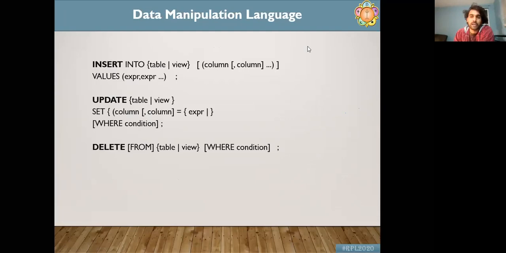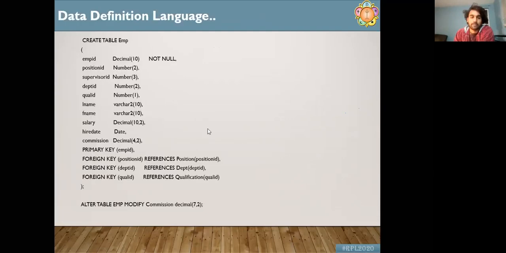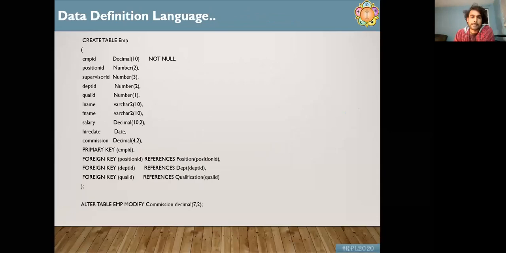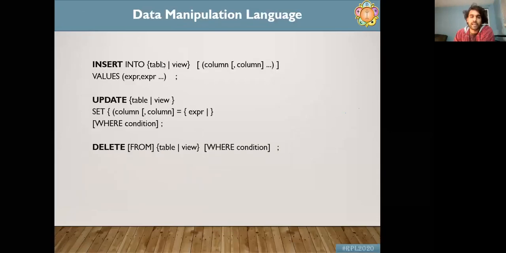And delete is removing the record from the table or the database. So that's about that. A simple way to remember the data manipulation languages is IUD: insert, update, delete.